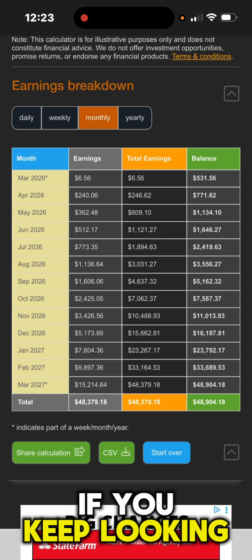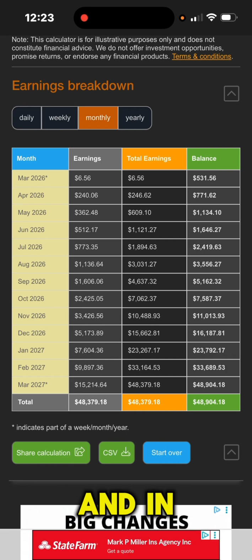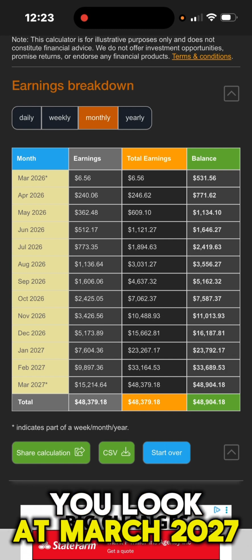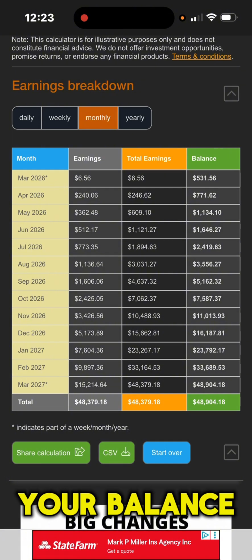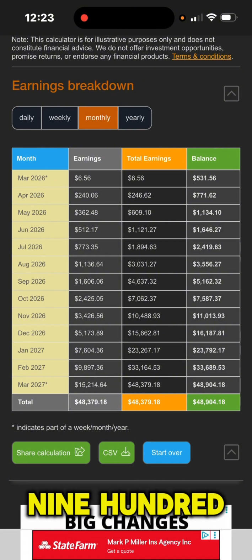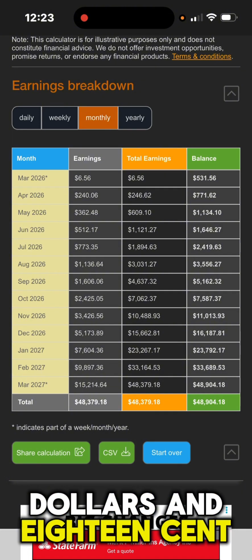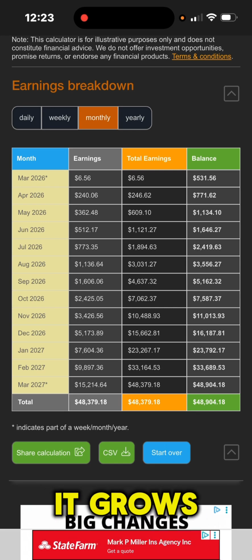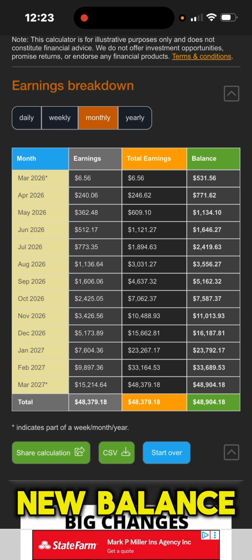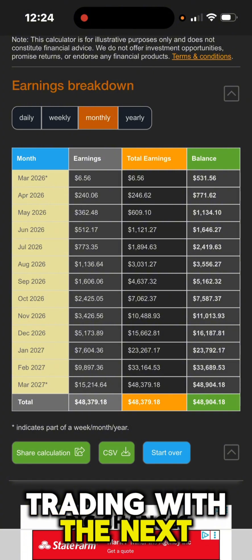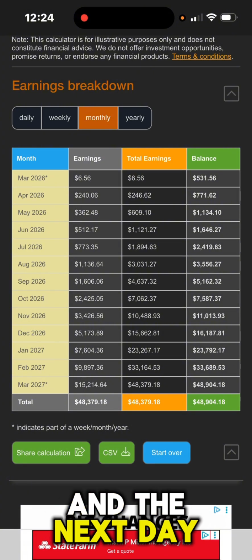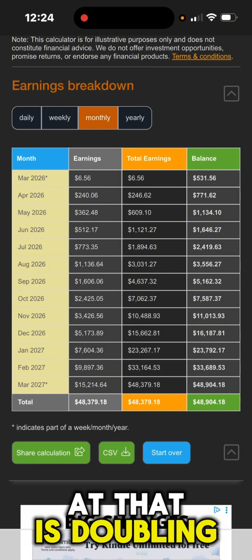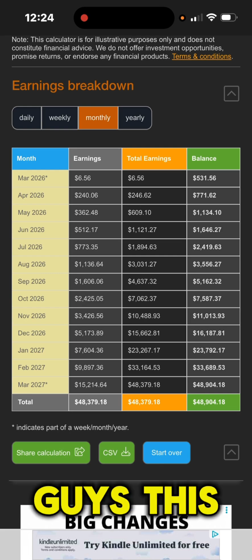If you keep looking here on the balance column, in a year, you look at March 2027, your balance is $48,904.18. And that is because every day that you trade, it grows. And then now you have a new balance that you're trading with the next day and the next day and the next day. And when you look at that, it's doubling every 60 days, guys.